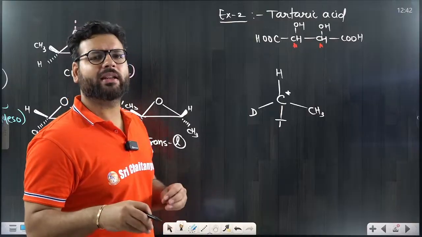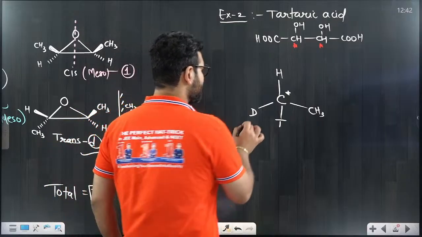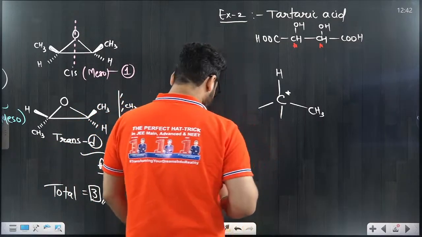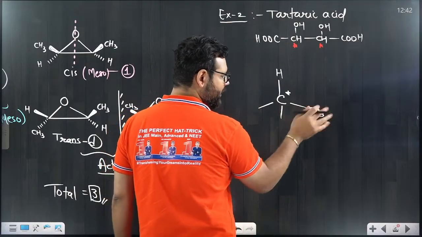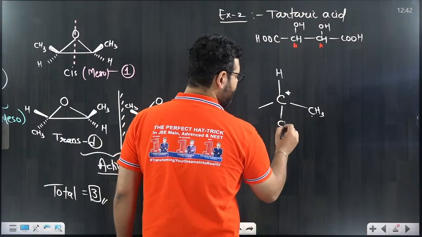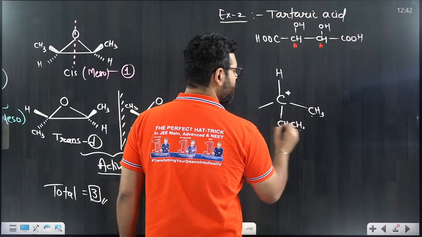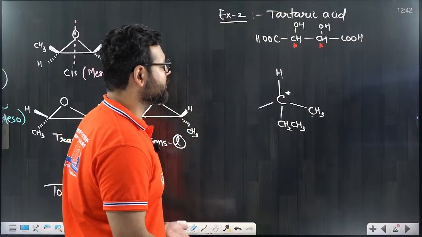But thinking that there is no deuterium or tritium allowed, then in that case, you can go for one carbon methyl, other you can keep an ethyl, other you can keep a propyl. Okay, there is no other way possible.